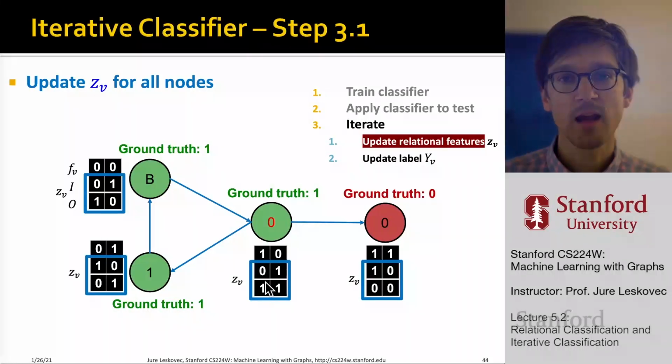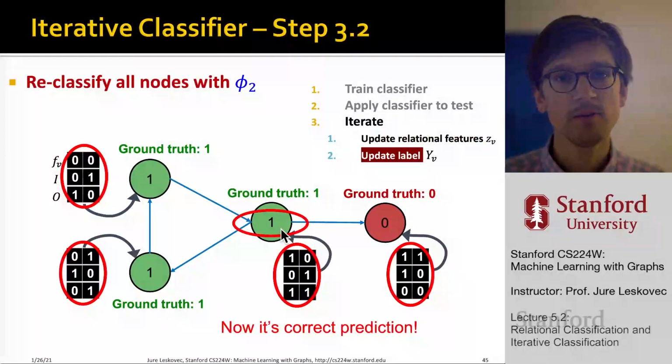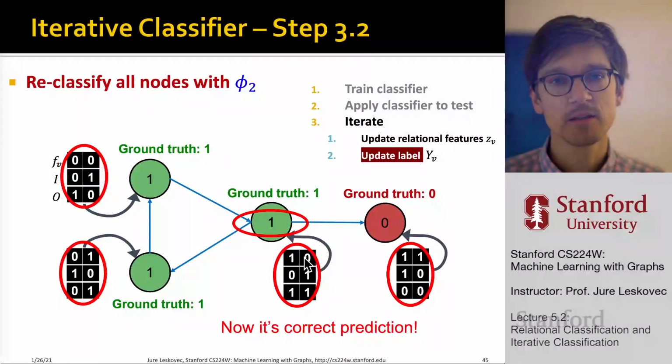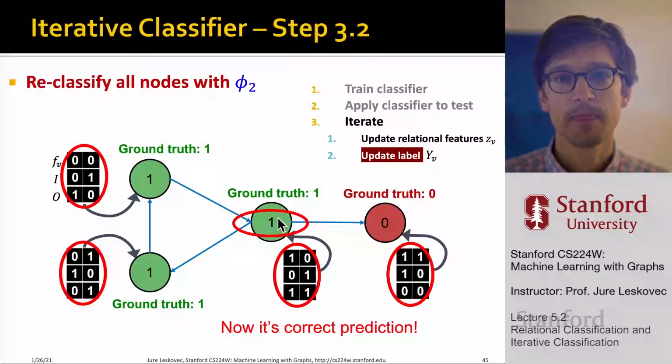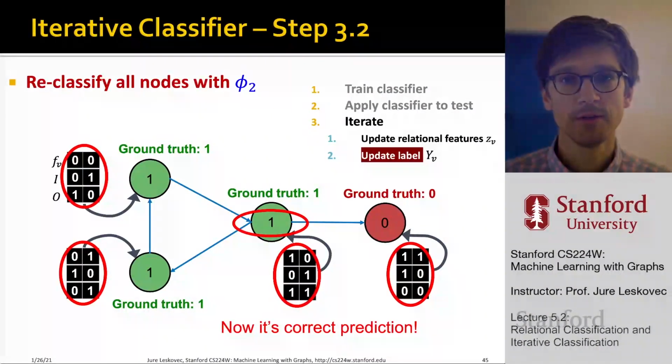Now that I have created this vector z, I can apply my classifier phi2 to update the predicted label of every node. And if I do this, the labels of certain nodes may change. Basically the idea is that now I have used all this data, meaning the feature vector as well as the summary vector of the labels around a given node, so I will be able to more robustly predict the label of the node of interest.